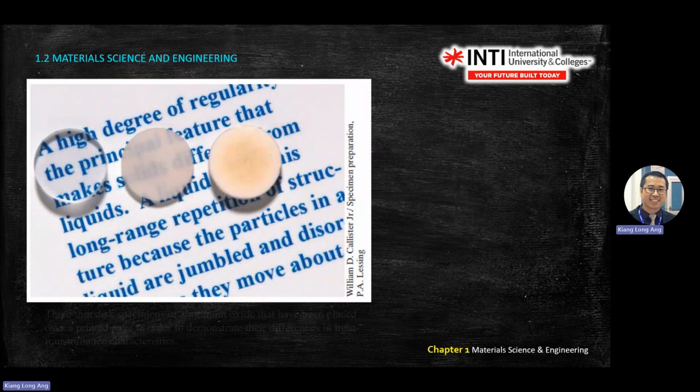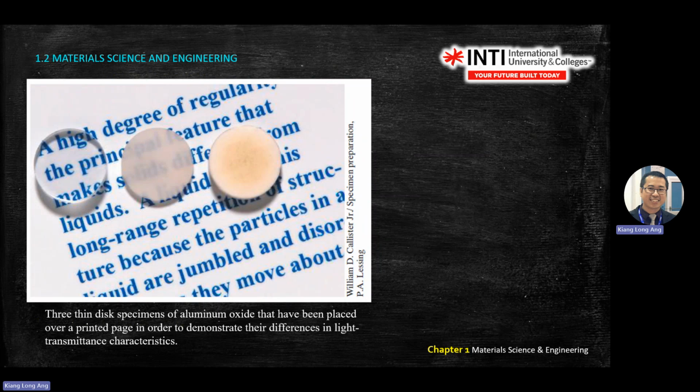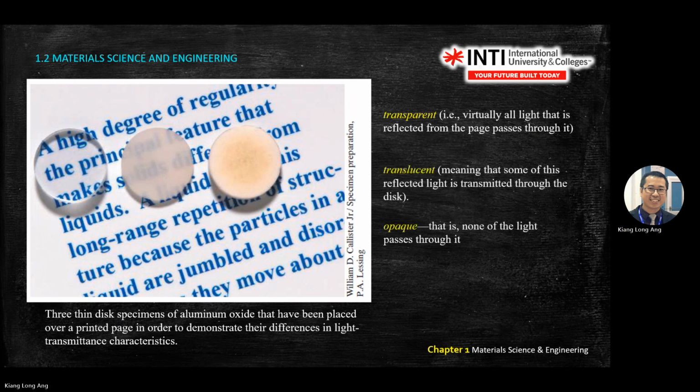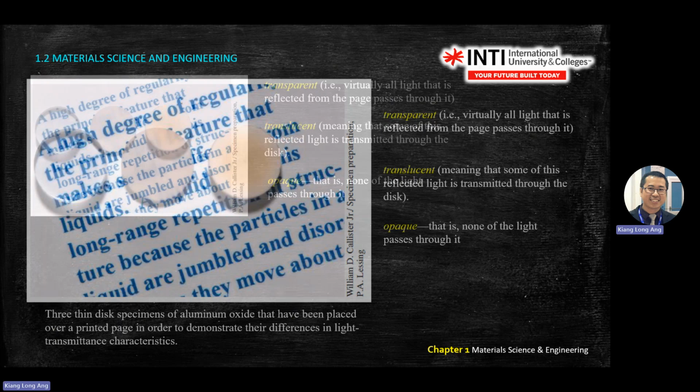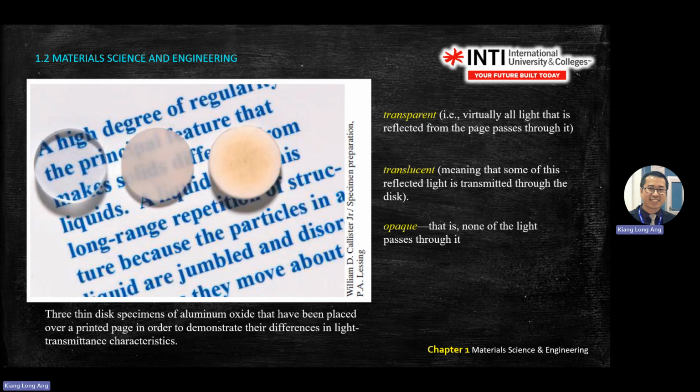Okay, so this diagram tells you that this actually is the same diagram, same material. They have three types of optical description. One is transparent. What I mean by transparent, the light can go through. Translucent is between the opaque and transparent.